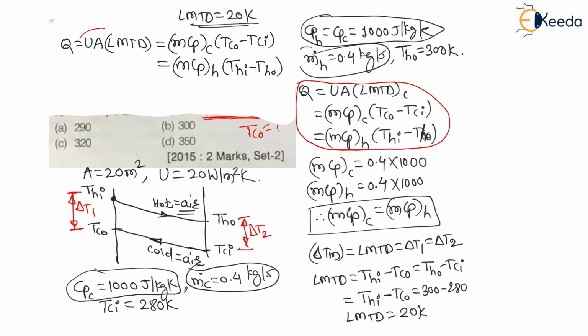So if I equate the first two equations, then I will get TCO, and if I equate UA delta Tm with the last equation, then I will get THI.